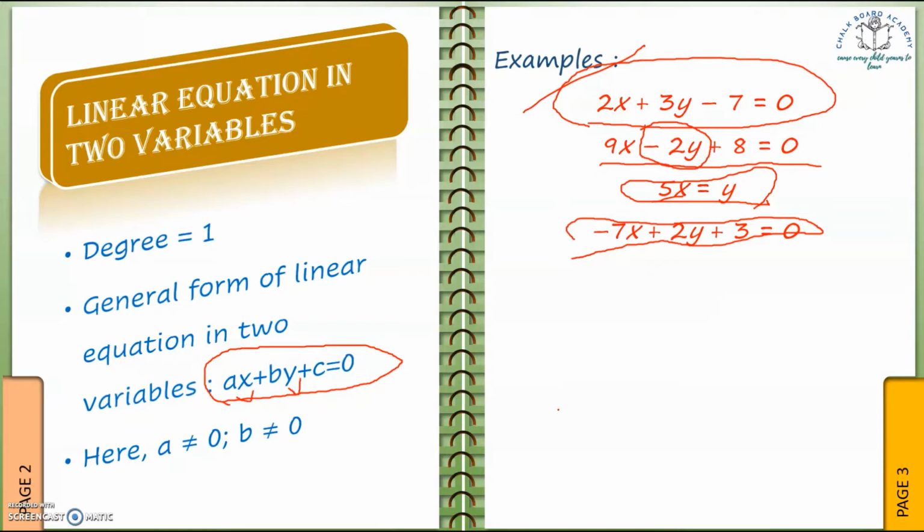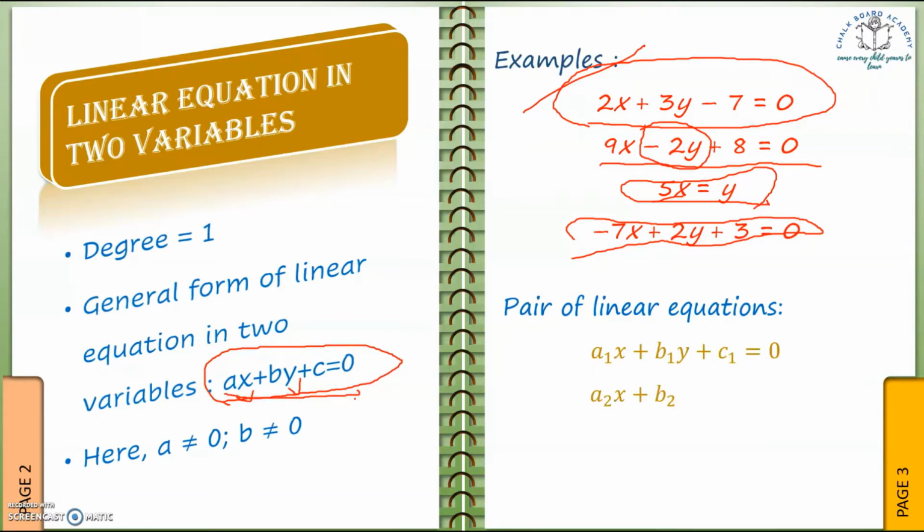Now moving forward, when we are talking about a pair of linear equations, we are going to generalize it, like how we generalized a linear equation in two variables as ax plus by plus c.